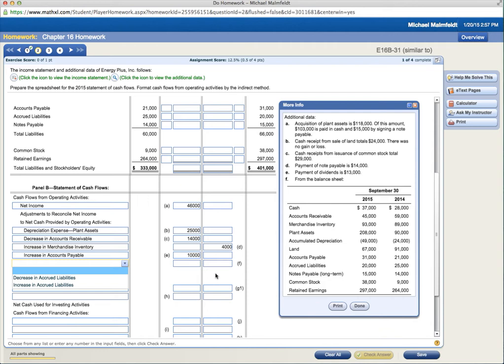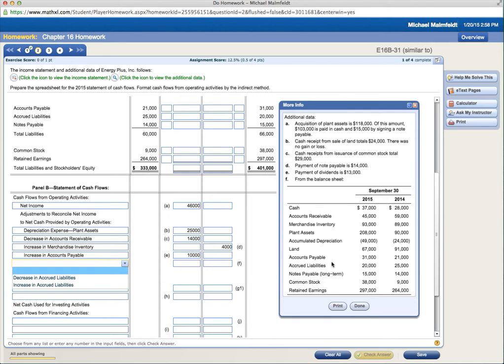Okay, so we have these liabilities. When we accrued the liability, that's when we recognized the expense. So that's when it hit the income statement. When we paid it off, it had no effect on the income statement. So we have a payment of cash that did not go into the calculation of $46,000 of net income.